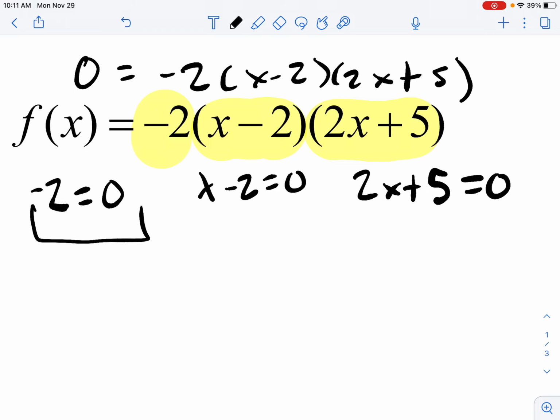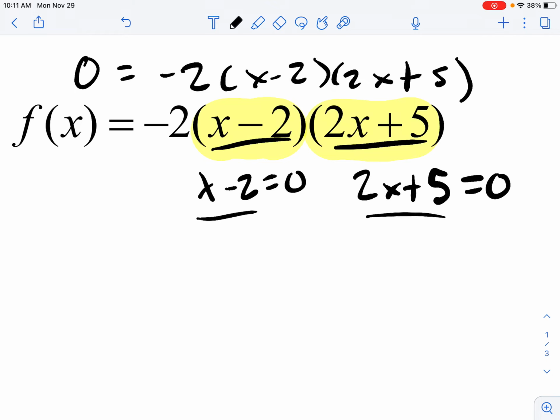Literally, this is saying negative 2 is 0. Is that true? No. Negative 2 is not 0. So that negative 2 has absolutely no play on any solution. Pretend it's not even there because it will have nothing to do with solving for x. You solve for x by setting stuff with x's equal to 0.